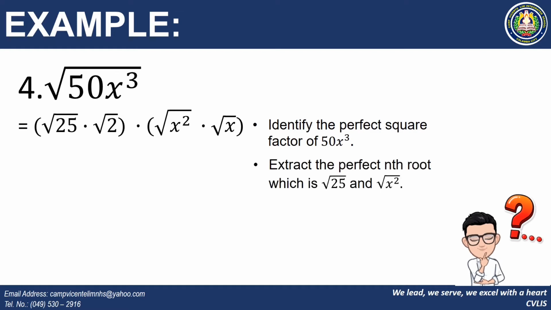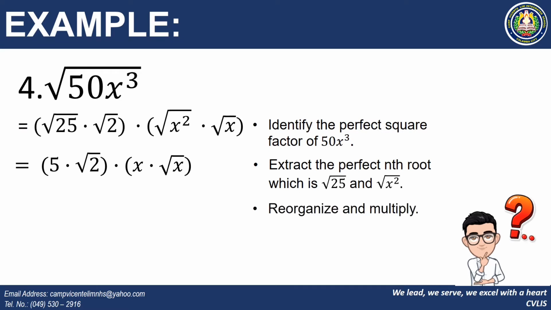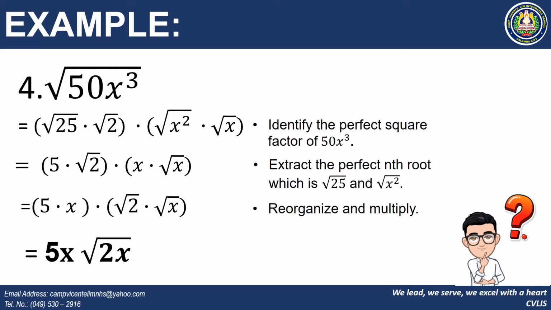The next step will be extracting the perfect nth root of square root of 25, which is 5, and square root of x squared, which is equal to x. The last step will be reorganizing and combining like terms. Therefore, the final answer is 5x square root of 2x.